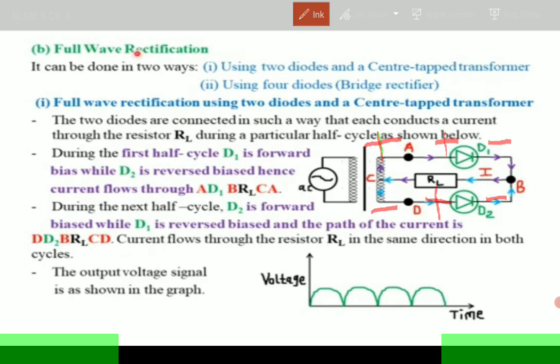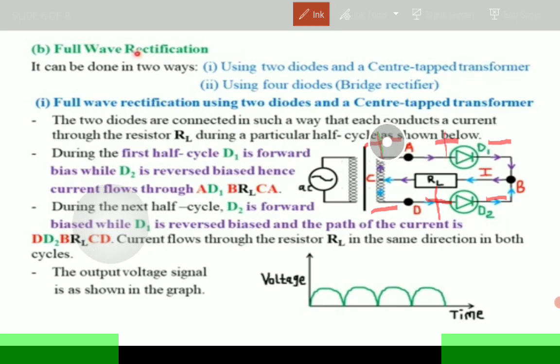Alright? So during the first half cycle, the diode D1 is forward biased. Why is it forward biased? Because the P part, which is the positive end, is connected to the positive potential. I don't want to say positive terminal because it's not a battery, it's a transformer. But one end is at higher potential than the other, meaning it is positive and the other end is negative.